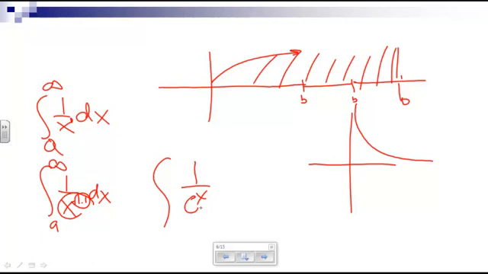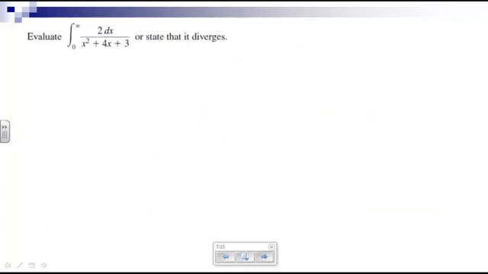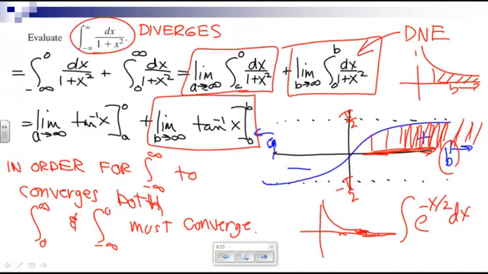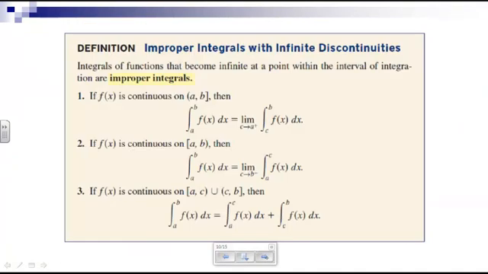If the integral equals some finite value, then the integral itself is convergent, and 0 is considered finite. Okay. All right. We did that one.